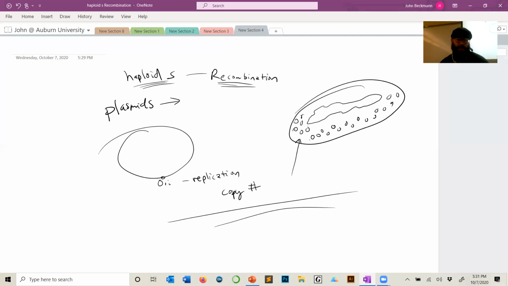They'd be on the plasmids. They probably would not be on these large chromosomes. Important things that you want to recombine, you want them on the plasmids. So many of these important genes we're going to find on plasmids. That's why I always say really interesting genes, you find them on plasmids. Okay.